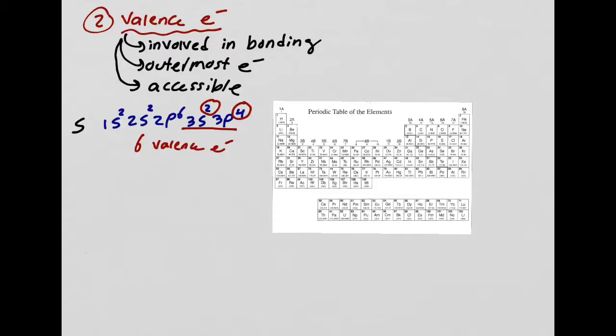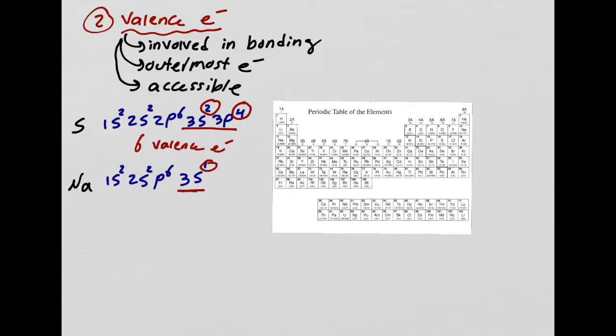Let's do another one. Sodium. Quickly do the full electron configuration for sodium. It is 1s2, 2s2, 2p6, 3s1. Which one is the last shell? The last shell is on the third level. How many electrons are on the last shell? 1.